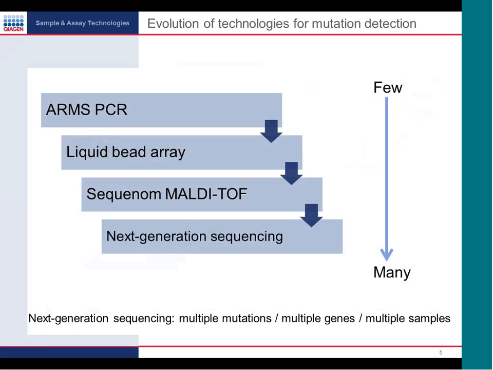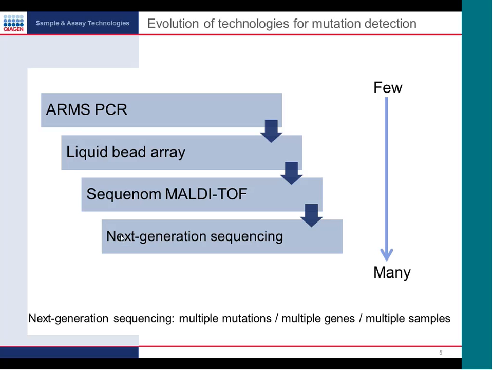Now, if we look at the technologies for detecting these mutations, they have evolved over time. You must remember the ARMS PCR method, which can detect a few mutations at a time. Then came liquid bead arrays, followed by Sequenom mass arrays, and then came next-gen sequencing, which has revolutionized the way we extract genetic information from clinical samples.